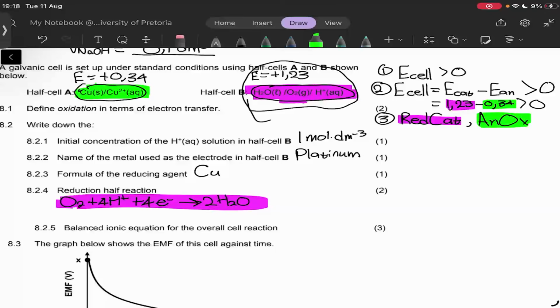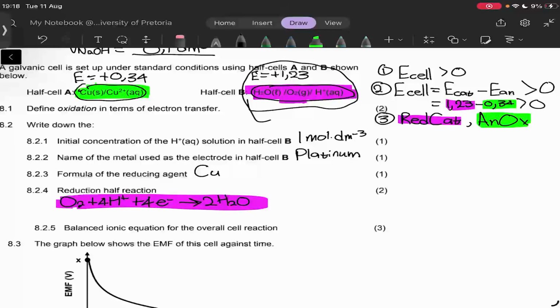Let's get the balanced ionic equation for the overall cell reaction. So for this one, I don't consider it to be a difficult question. The balanced ionic equation for the overall cell reaction will be the following.